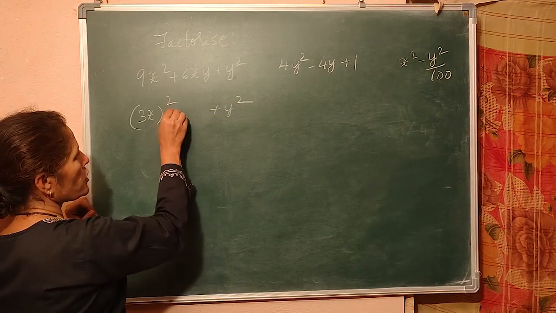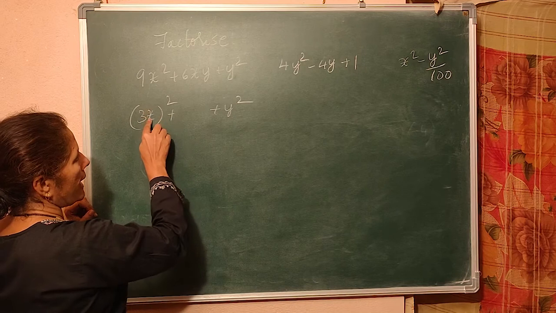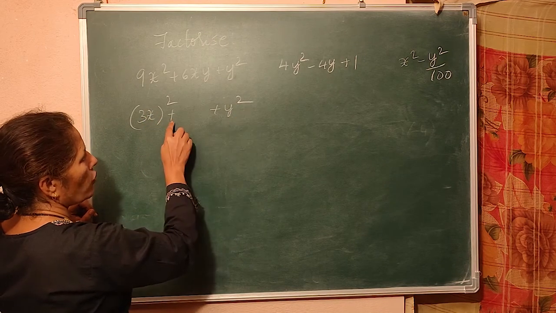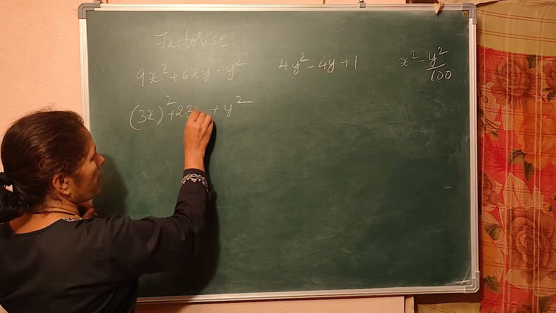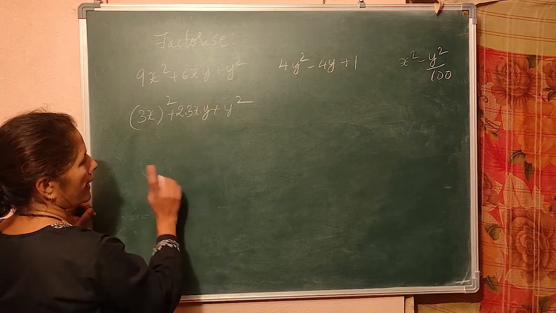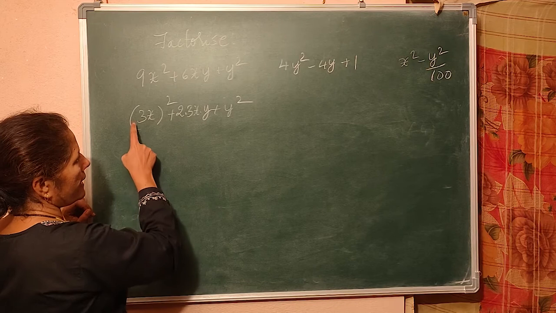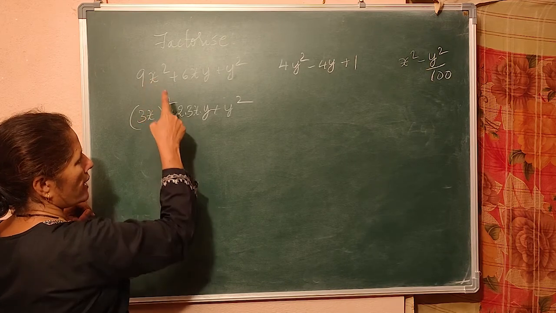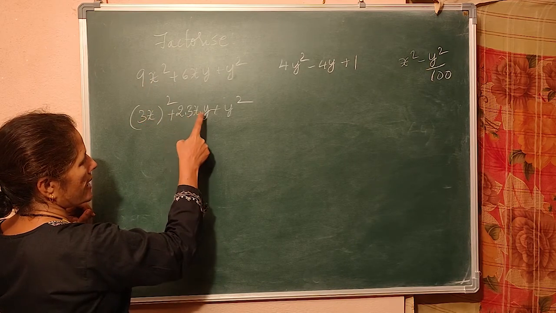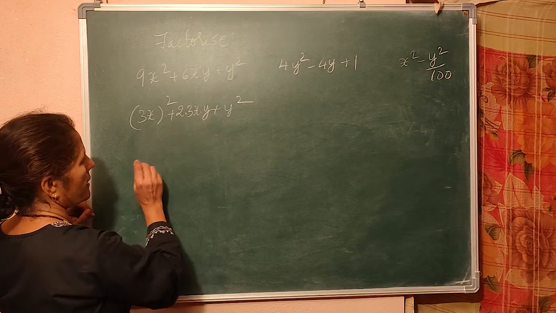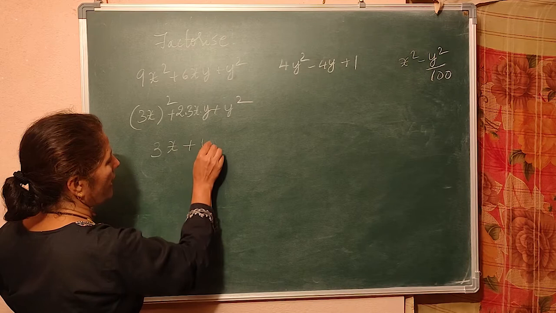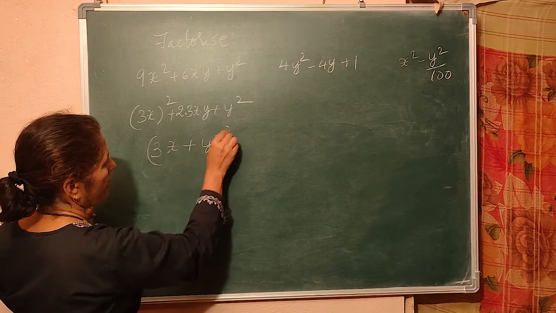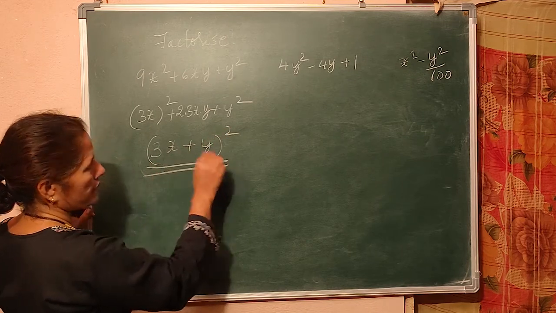So, the middle term is also plus. So, a square plus 2ab plus b square. A is 3x, b is y. Let us verify and see. 3x the whole square is 9x square plus 2 3s are 6xy plus y square. So, what is our final answer? 3x plus y the whole square. Am I right? Yes, correct.